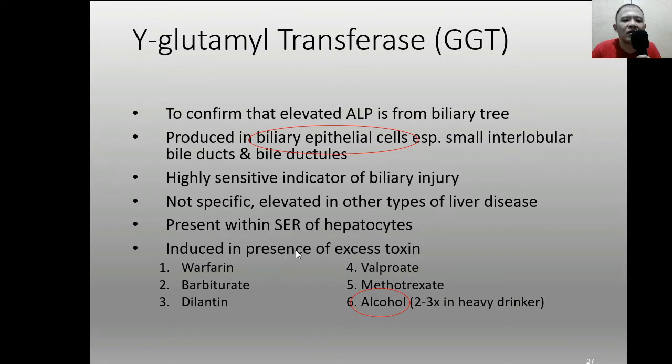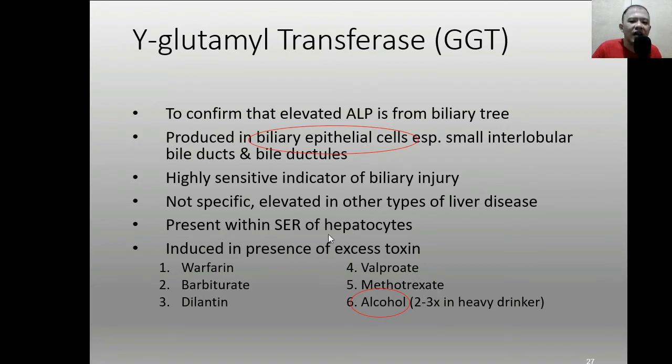These are the following toxins, most especially alcohol. So again, the sources of GGT are the biliary epithelium, as well as the microsomes or the smooth endoplasmic reticulum of the hepatocytes. That's why we consider obstruction.